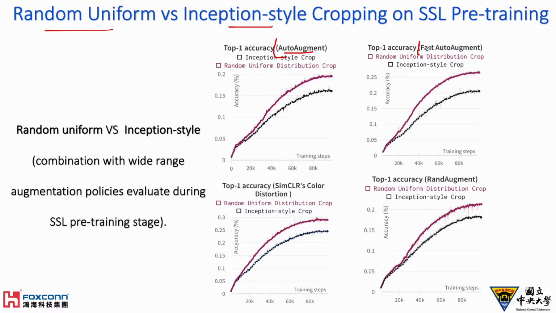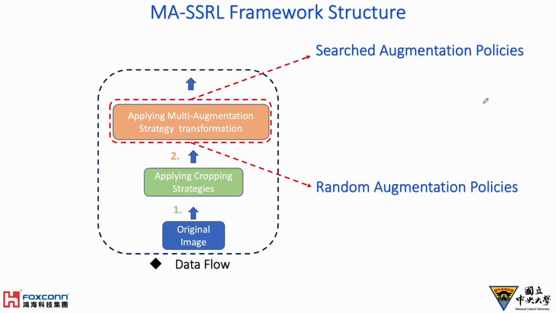We apply 4 different ones: AutoAugment, Fast AutoAugment, the SimCLR color distortion pipeline, and also RandAugment. As a result, when we perform self-supervised pre-training on ImageNet, we found the random uniform crop performed much better than the Inception-style crop across a wide range of combinations with the different augmentation techniques. So we have now seen how we construct step 1, applying the cropping strategy.